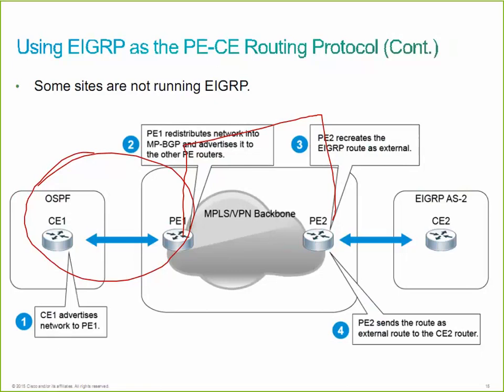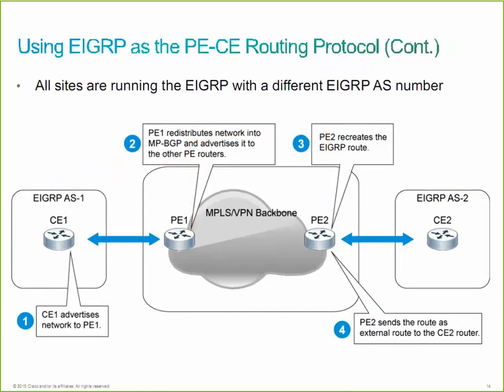So what's going to happen in this case is that instead of creating these routes as D routes, right? On the previous slide here, we saw we're running EIGRP.